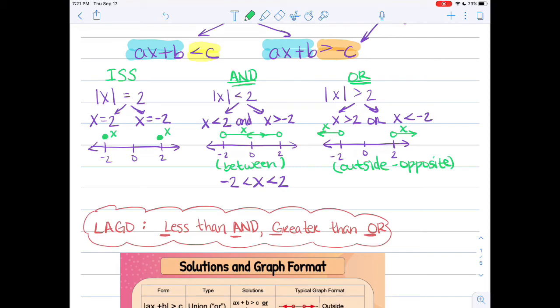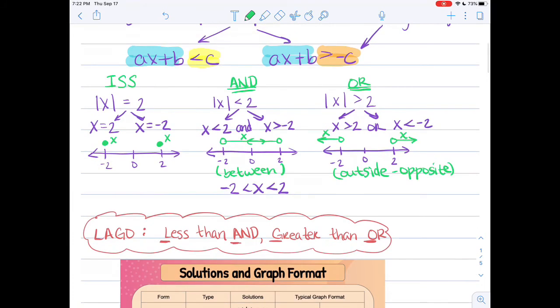I do want to remind you of our little drawing that we've been using to remember which symbols go with which dots. We have our less than or equal to and infinities go with an open dot and parentheses if we were going to be writing interval notation. And our greater than or equal to, less than or equal to gets a closed dot and a bracket.